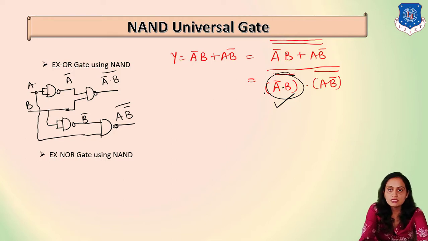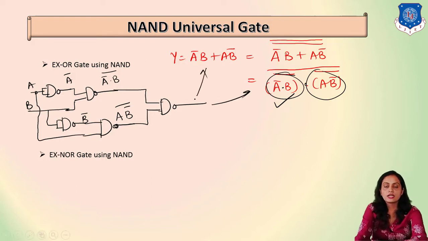So I am having this second part, and these two parts are in between this dot and bar, that's why I will use this NAND gate. So ultimately it provides me this equation, and finally it is the XOR gate.